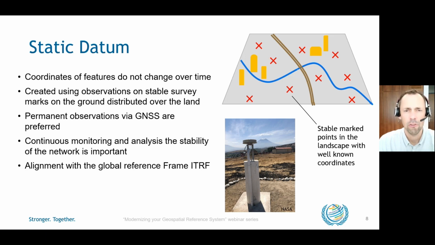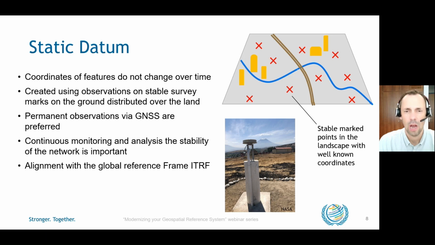Typically, it is advised to observe GNSS on these types of survey marks for more than 2 years for their stability. After this amount of time, it is possible to analyze the GNSS data and compute accurate coordinates which can be used as reference points in the development of a country's static datum.